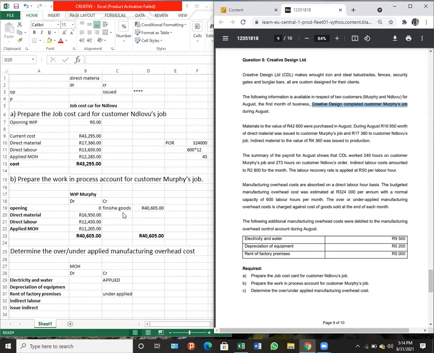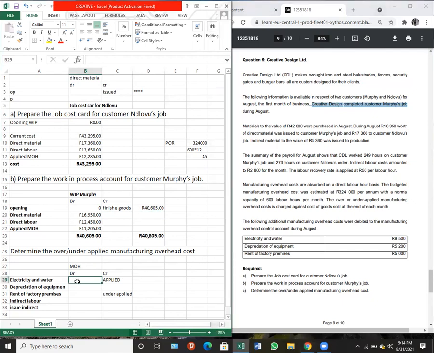Thank you. Now, guys, we're going to determine over and under applied. The formula to calculate over and under applied, we know, guys, is actual minus applied. Are we together? Let's read the following.